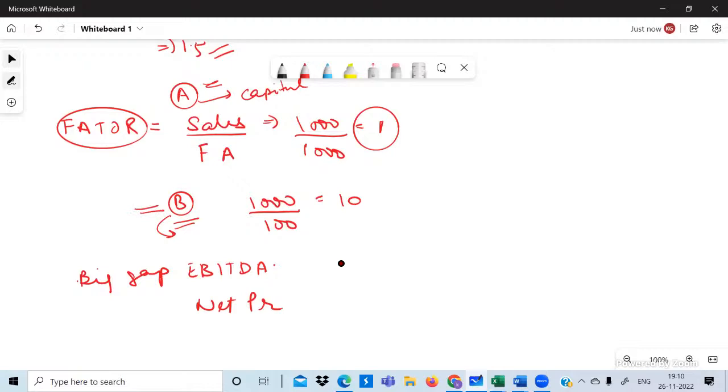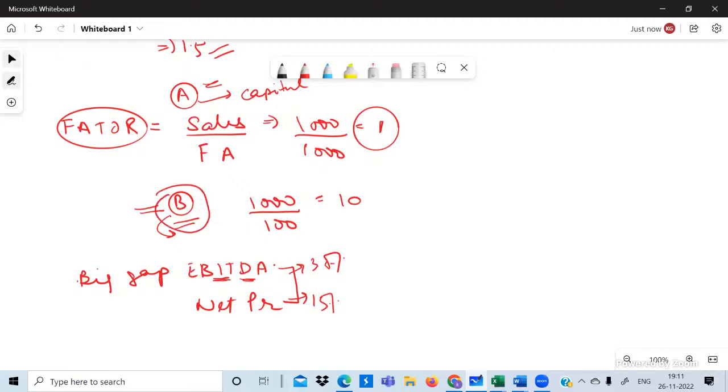The reason being, if you're capital intensive, you will have a lot of fixed assets and you'll end up having a lot of depreciation. Because you're capital intensive, chances are that you would have taken a lot of debt, and because you'll have a lot of debt, you will have a lot of interest component. So for such companies, the gap between the EBITDA margin and the net profit margin would be higher. Maybe the EBITDA margin could be 30% and the net profit margin could be 15%.